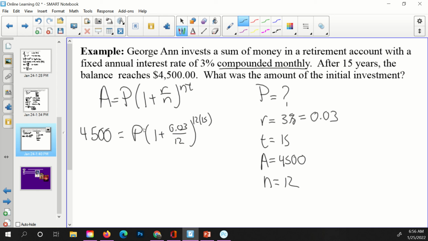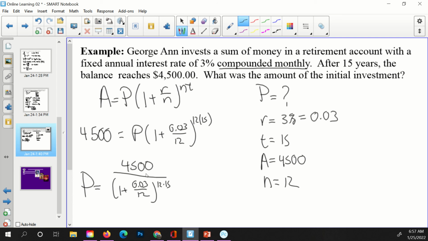This expression here is calculable, even though it looks kind of ugly. So I can say that P is going to equal 4,500 divided by this whole thing, 1 plus 0.03 over 12, all to the 12 times 15.